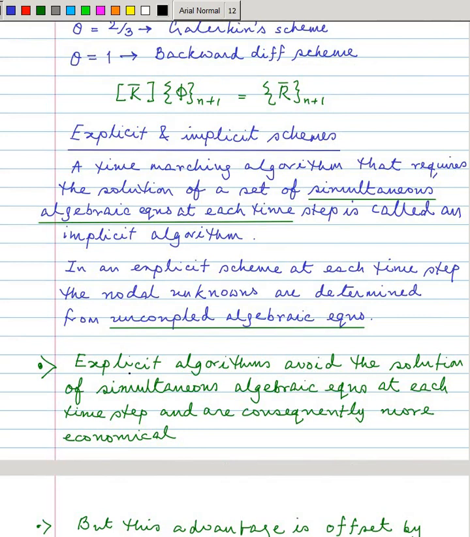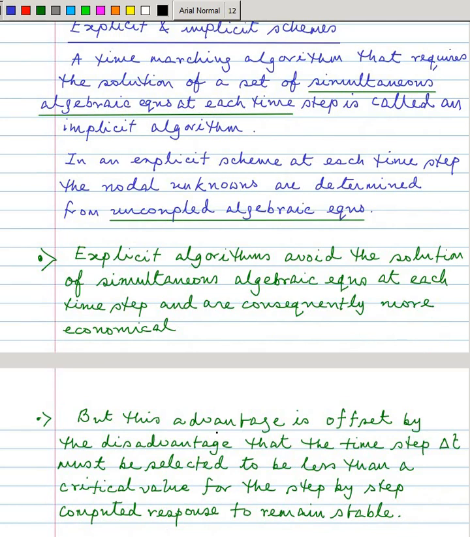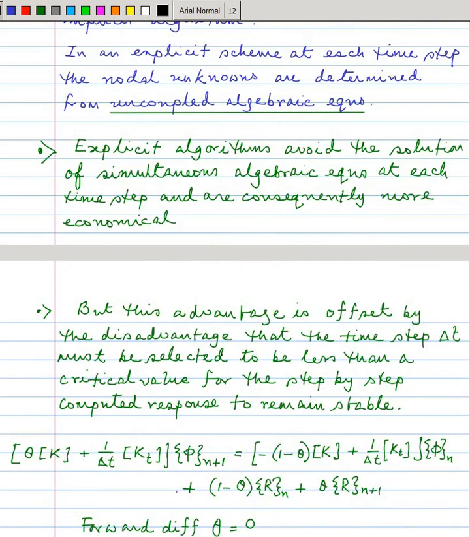But here you must be in a position to appreciate that explicit algorithms avoid the solution of simultaneous algebraic equations at each time step and hence are more economical. But for explicit integration schemes, to make them stable, the time step must be less than a critical value.